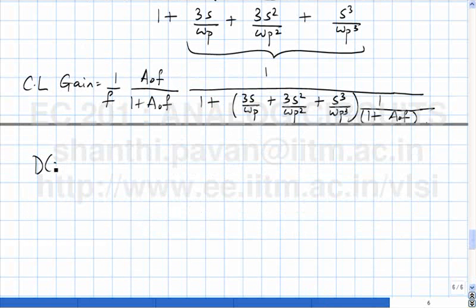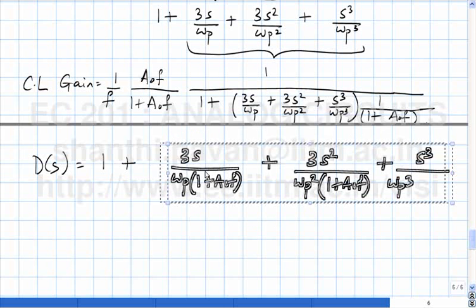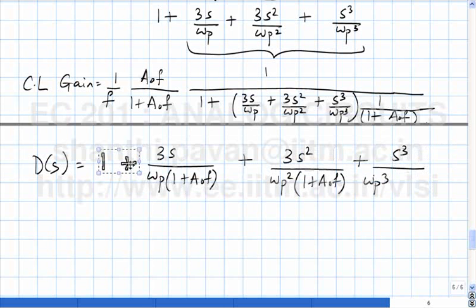So the denominator of this system is 1 plus 3s by omega P times 1 plus A naught F plus 3s square by omega P square times 1 plus A naught F plus S cube by omega P cube times 1 plus A naught F.